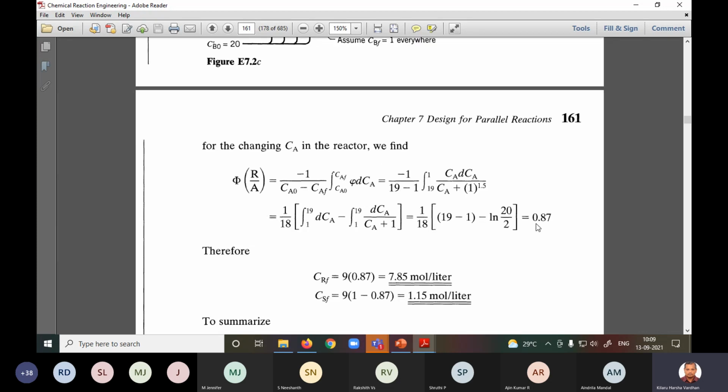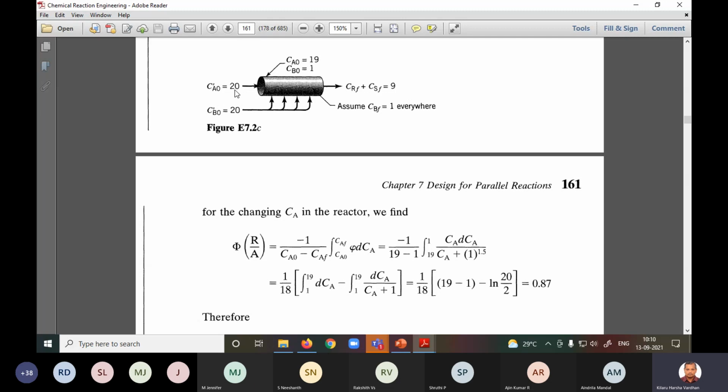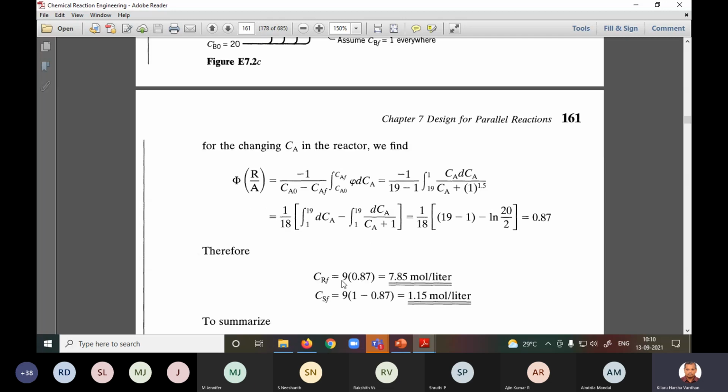You are left with 0.87. So this is a very good combination because pi you are getting very high. Therefore, CRF will become pi into the concentration difference, that is initially 10 minus 1, that is 9, 7.85 mole per liter, and CSF will be 1.15.